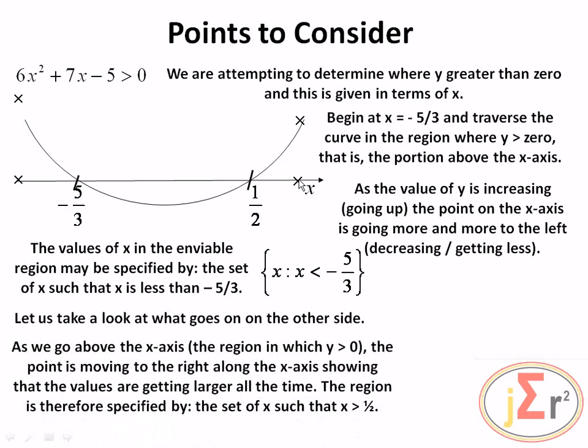As we go above the x-axis, the region in which y is greater than 0, the point is moving to the right along the x-axis, showing that the values are getting larger all the time. The region is therefore specified by the set of x such that x is greater than a half, and that is what we have right there. The set of x such that x is greater than a half.